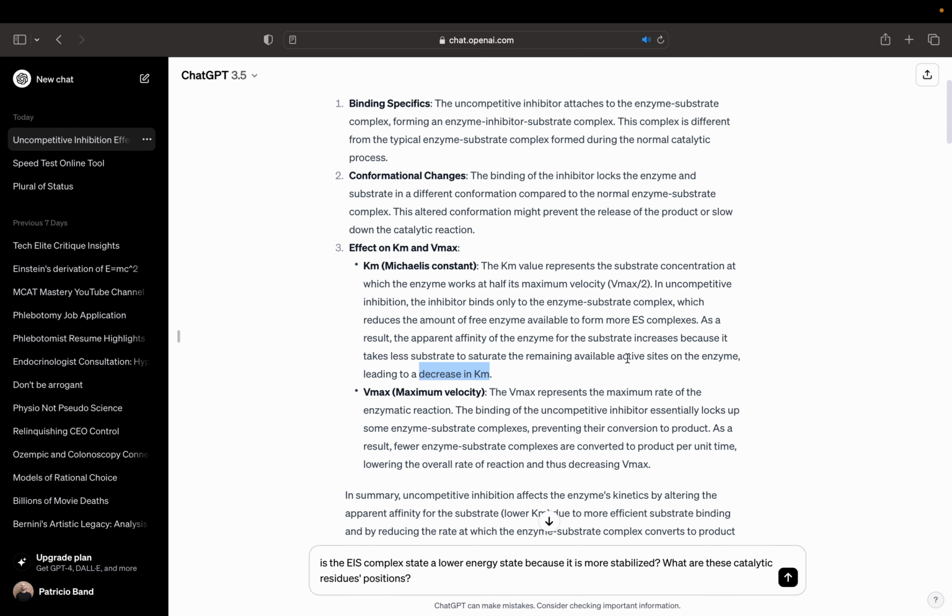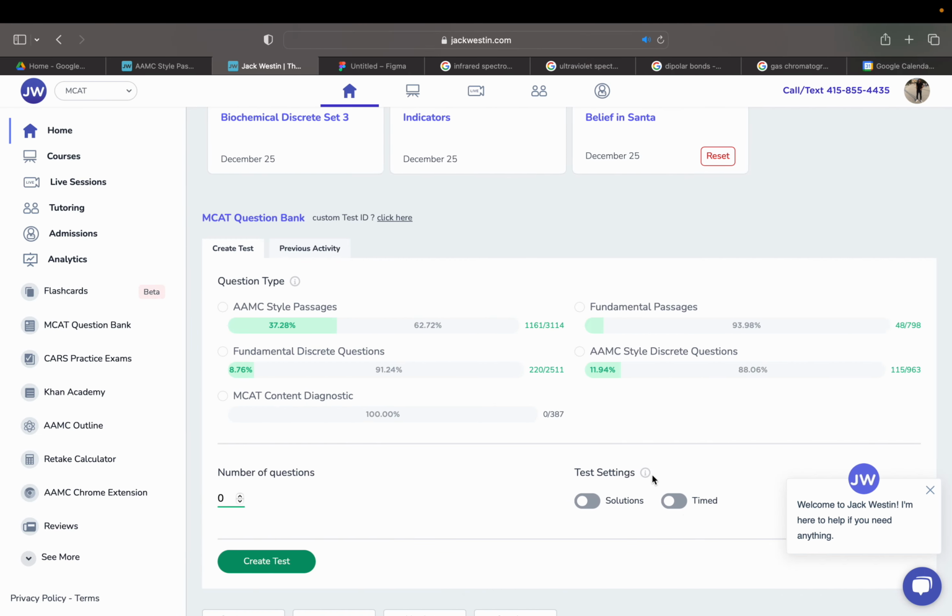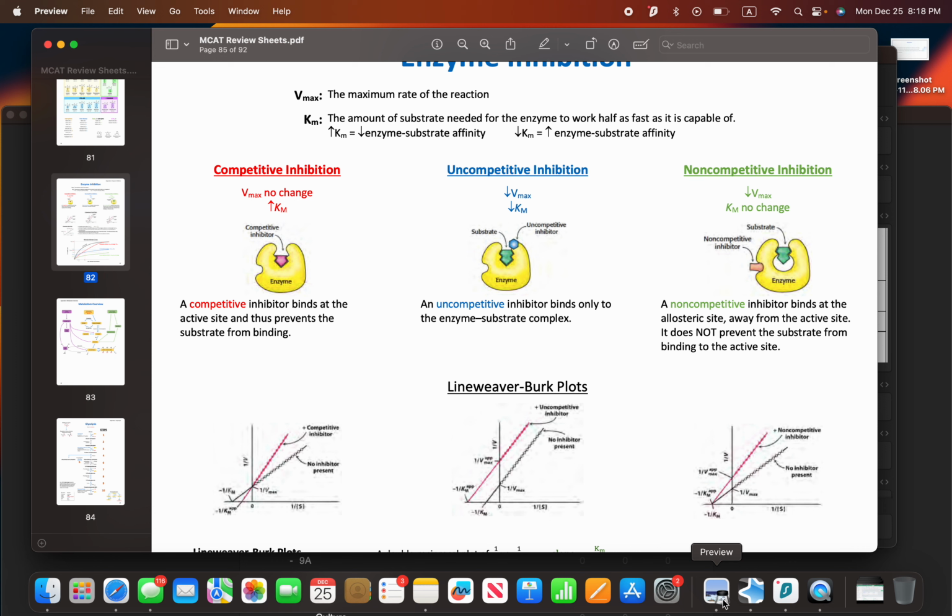Oh, so Km is about... a lower Km means taking less substrate concentration to bind to the enzyme. So the affinity is high. Let's see. Again, if there is lower Km here, it means that the enzyme substrate affinity is high.